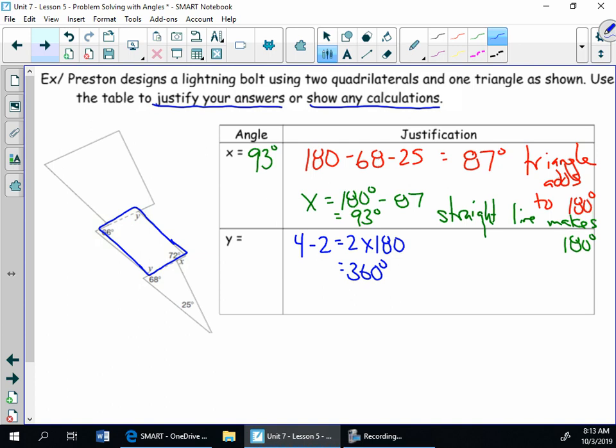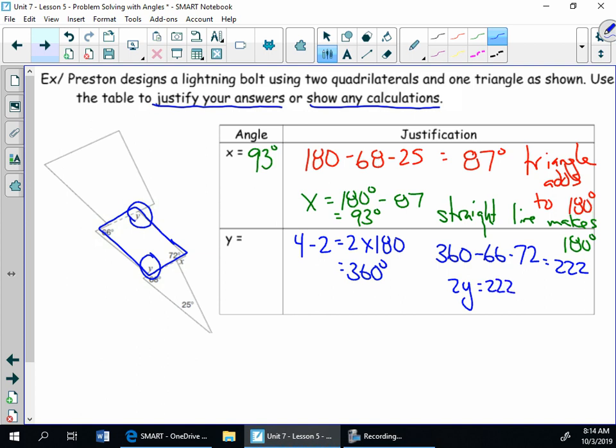Well, so far I've got 360, but I've got to subtract the 66 and the 72. If I do that, I end up with 222 for whatever's remaining. Now, there's a y here and a y here. Together, they have to come out to 222. In other words, for the two y's, it equals 222.